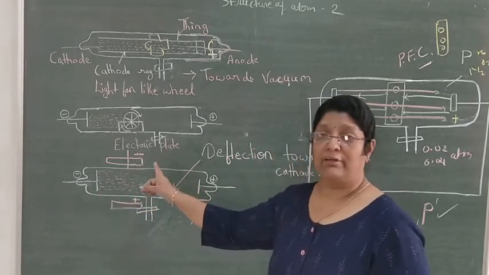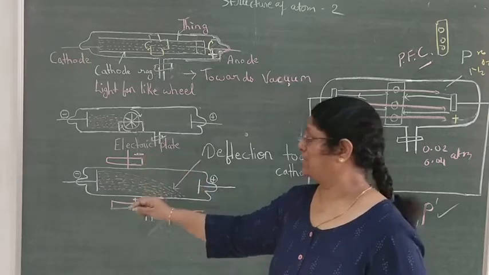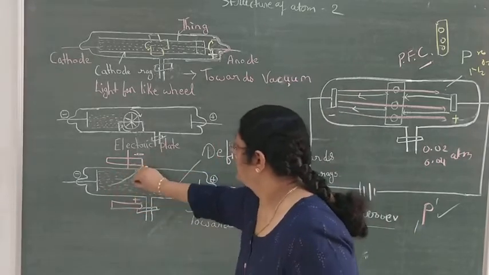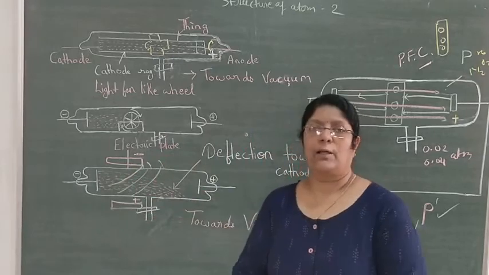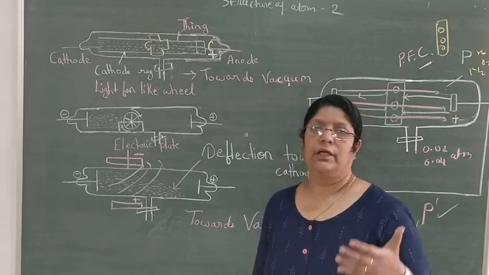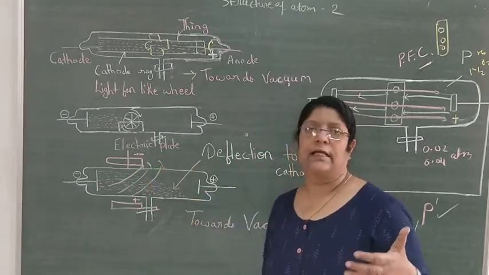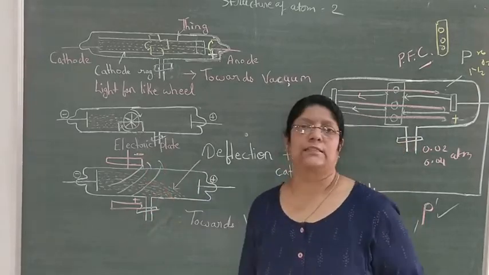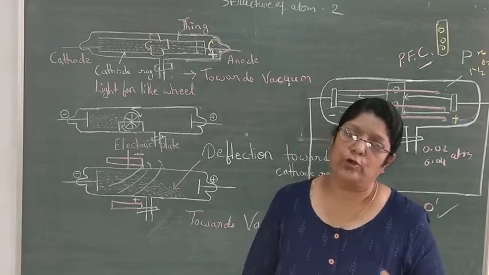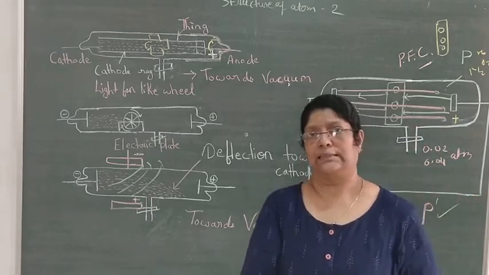But if I do the same thing in case of anode rays, they will move towards the negative plate, according to their own charges.